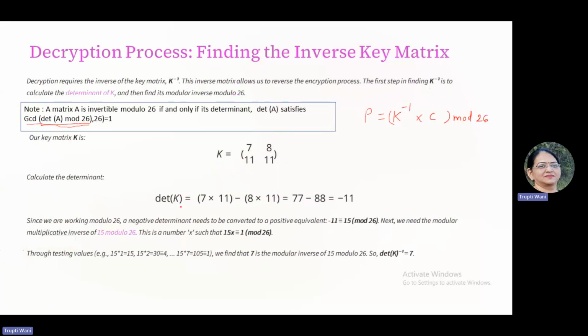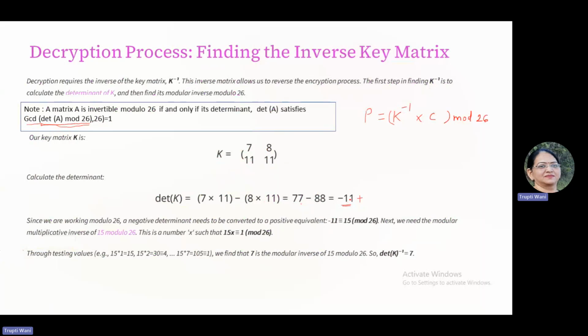So determinant of K, if it is a 2 by 2 matrix, then 7 into 11, multiply diagonal elements, minus 8 into 11, we will get 77 minus 88 as minus 11. This is a minus number, so convert it into the positive equivalent.